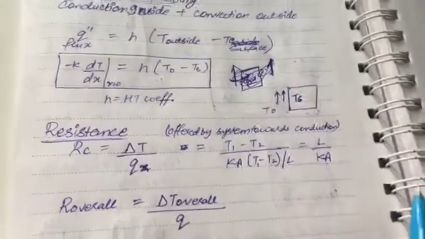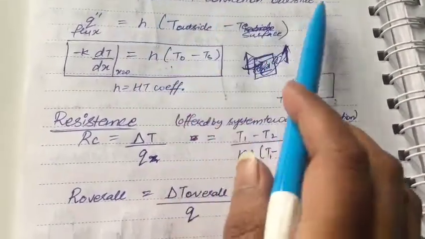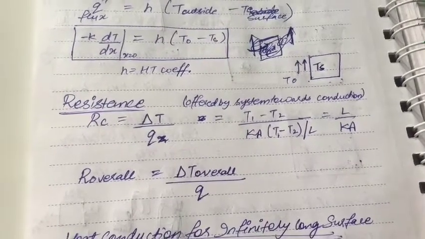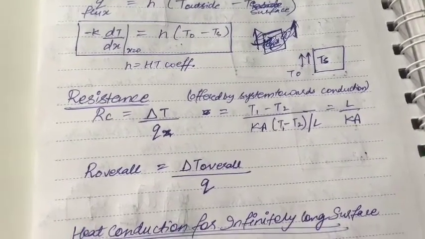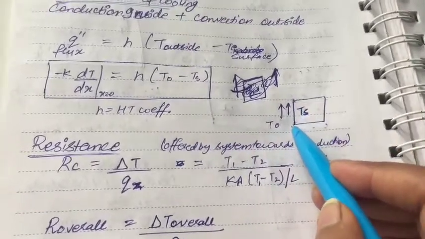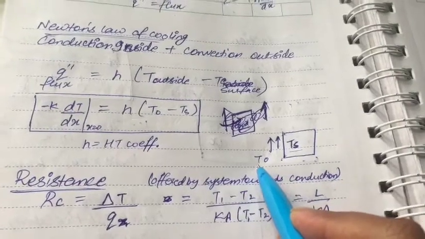Next we have Newton's law of cooling, in which conduction takes place inside and convection is taking place outside. This is basically a balance between flux inside the solid and flux outside the solid. So we have a solid and the temperature on its surface is noted as Ts and outside temperature is T0.